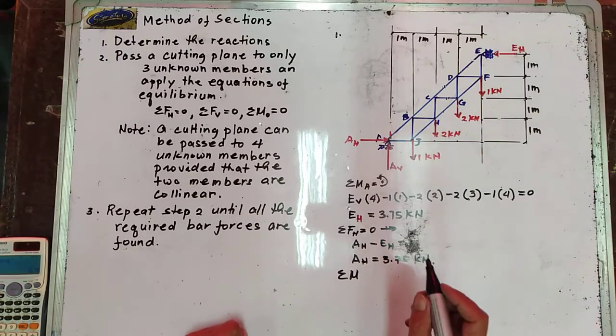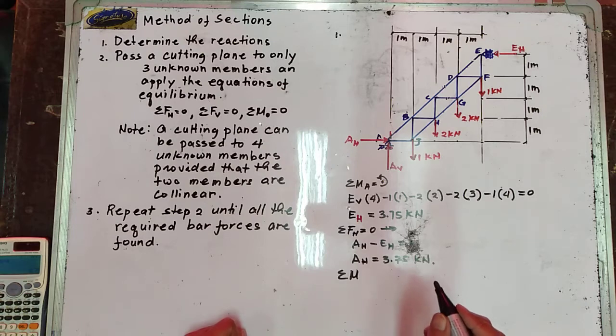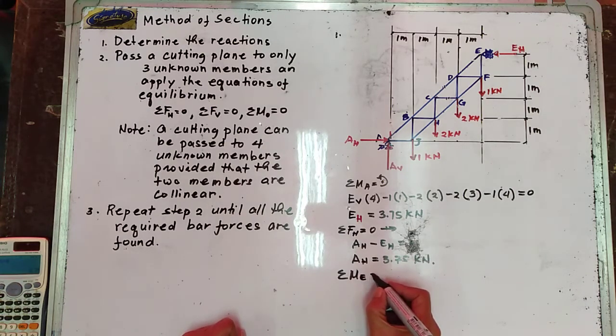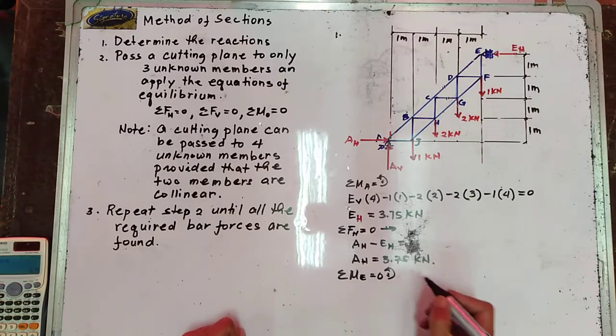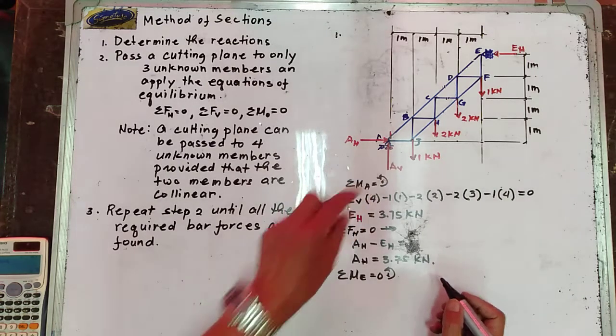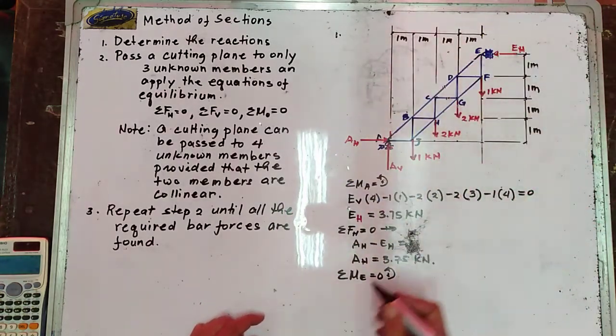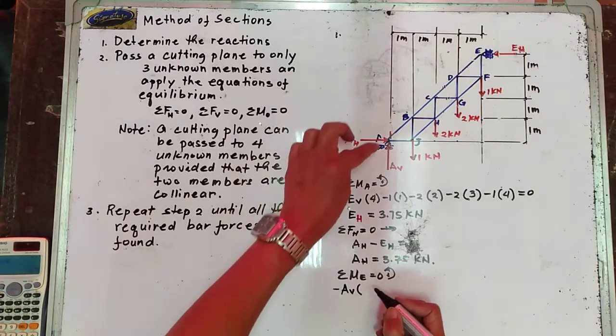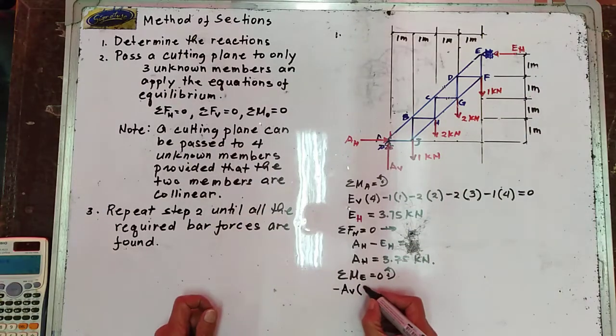So, let's take summation of moment about E equal to 0, counterclockwise moment positive. We have your A vertical going clockwise, so minus A vertical. The moment arm is 4.